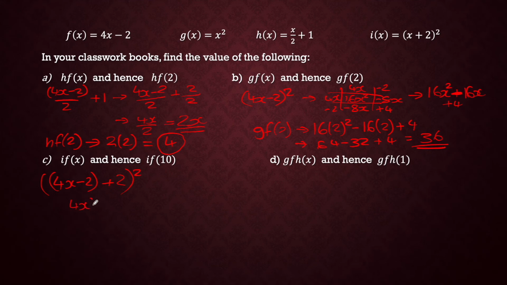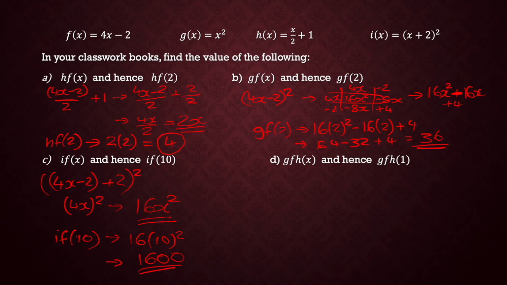So this just becomes 4x all squared, which is going to become 16x squared. Okay. Then I f of 10, substitute our 10 in, so do 16 lots of 10 squared, becomes 16 times 100, so we have 1,600.